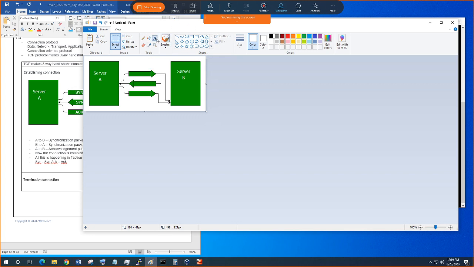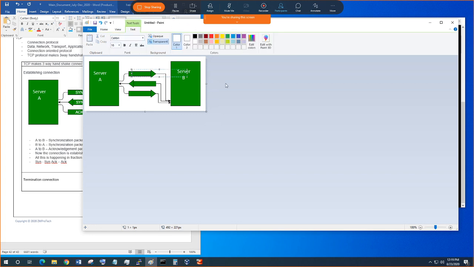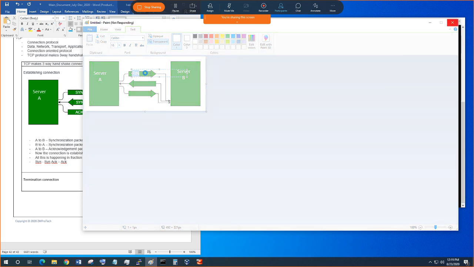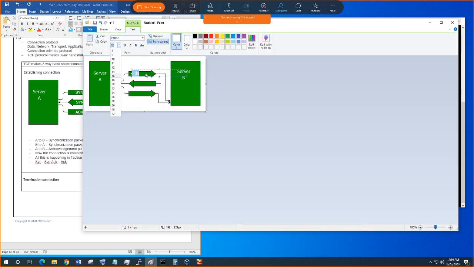Now, how is the connection terminated? It will send FIN, finish. That means I'm done. So it sends a message that says I'm finished.